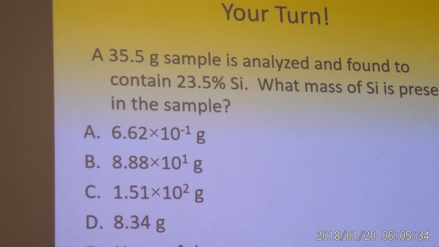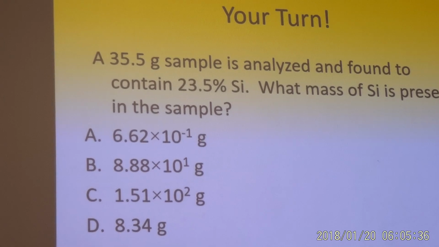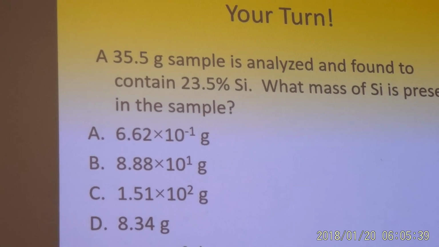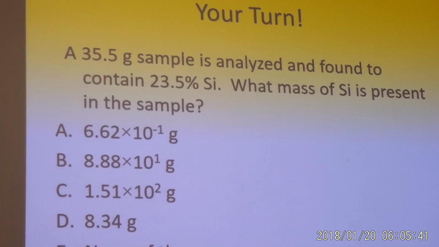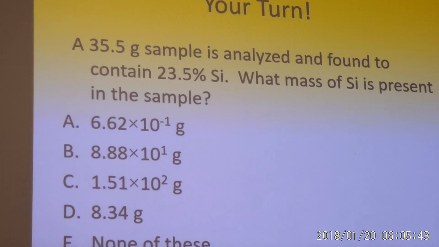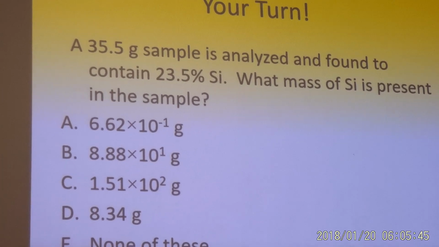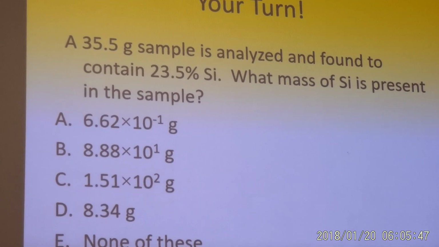How about this kind of a question? Do you remember this kind of a question from math? If there's 35.5 questions on the test and I got 23.5% right, how many questions did I get right? You know how to answer that sort of thing? 35.5 grams total. 23.5% is silicon.